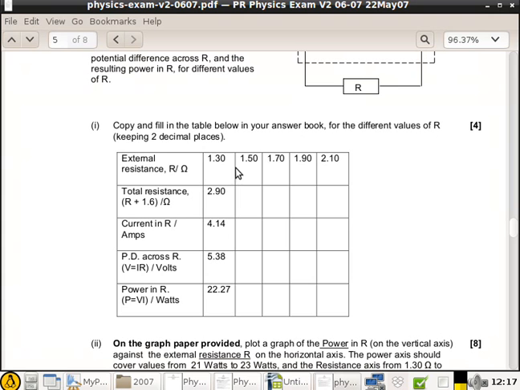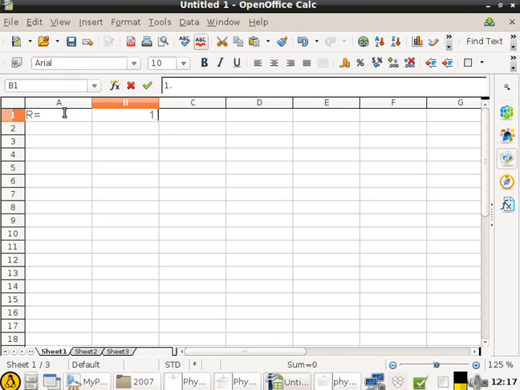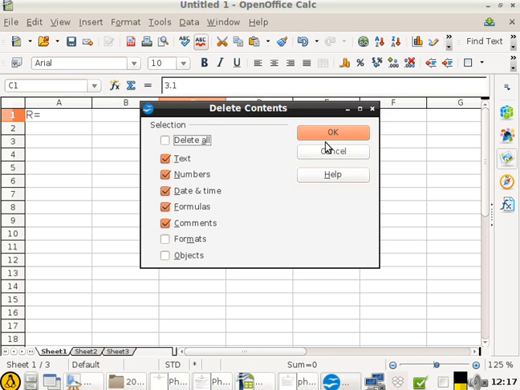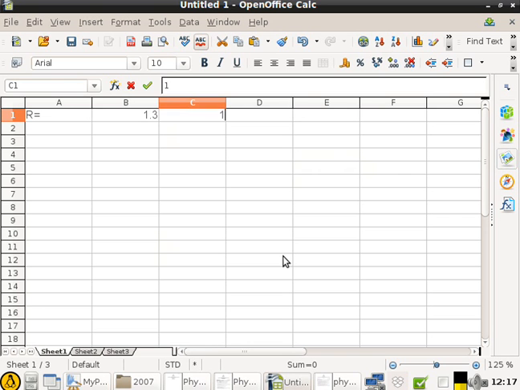So just call out the numbers on the top for me, please. It starts off with 1.3. So R equals 1.3, 1.5, 1.7, 1.9, and 2.1. Yes, top one.